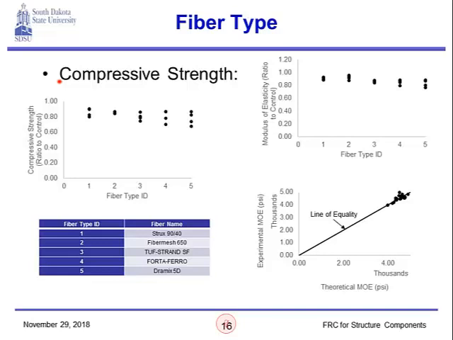So we noticed a drop in the compressive strength, which really aligns with some of the studies that we found in the literature, but contradicts other studies which said it does not affect it, or that it increased the compressive strength. Again, we couldn't really find the reason behind this.